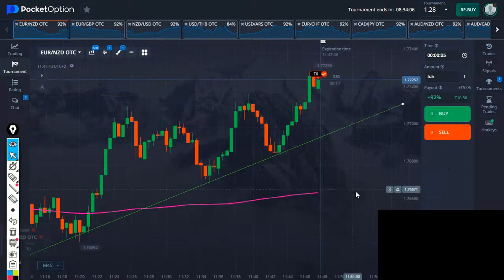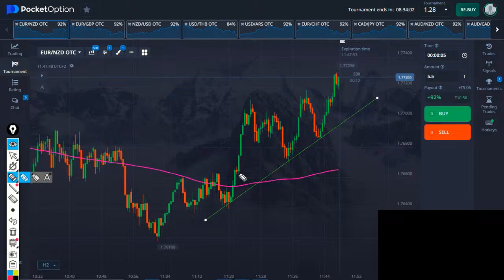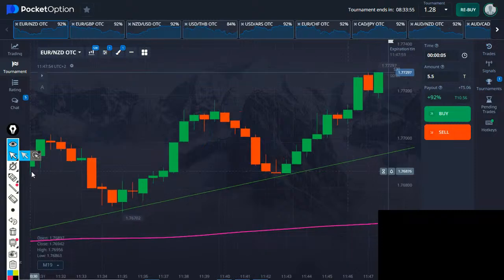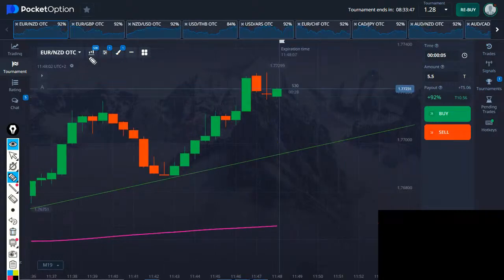Okay, so guys, that's it for us. Now, the mistake I made is the following. I entered a buy over here. It was a loss, $1. So let me remove this auto scroll thing.